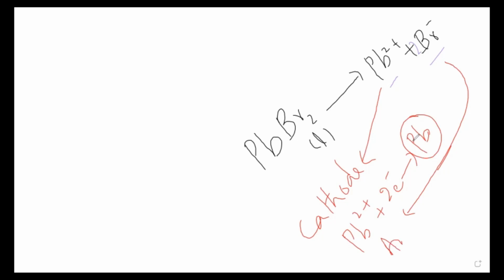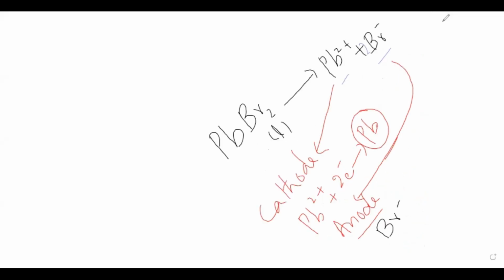Whereas these bromide ions will move towards the anode. Now the anode is a positively charged electrode. So negative ions will move towards the positive electrode, where they lose electrons because they already have extra electrons. They will lose electrons like this.